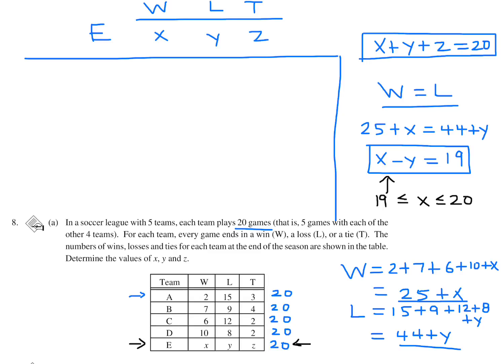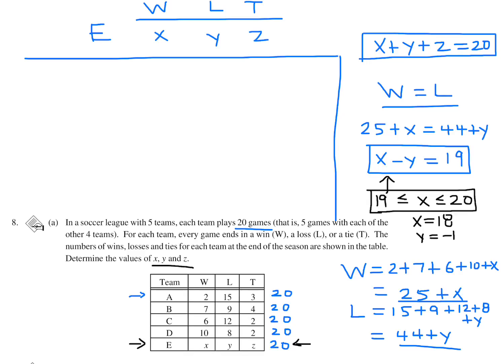If x was 18, for example, and you plugged 18 into there, you get y is equal to negative 1. But y represents what? The number of losses, right? For Team E, you can't have negative 1 losses. That wouldn't make any sense. So these are our boundaries for x. And that's very helpful because we then only have to plug in 2 values for x to figure out what z can be, and then what x and y can be.